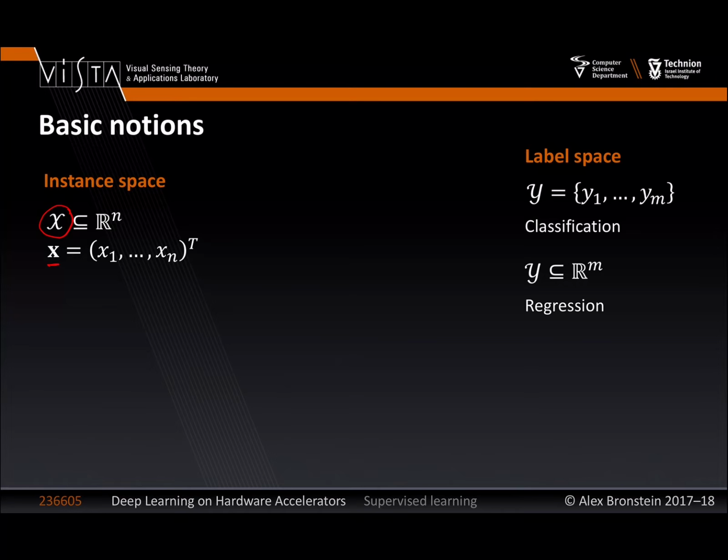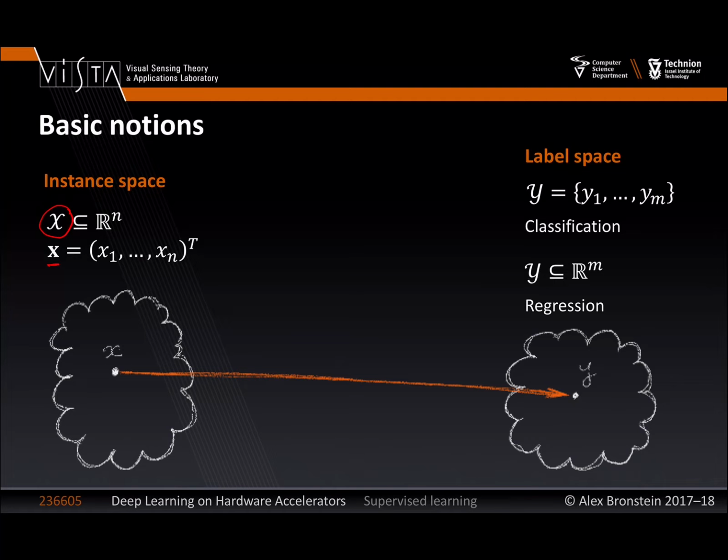Maybe we would like to add some friction, some other forces that act on this projectile, and then we'll find a model that fits the data in a better way. Okay, so basically all these models would be maps between the instance space to the label space. Okay, but now the label space is continuous. It's the location of an object, right? So basically in this case we're talking about a regression problem.